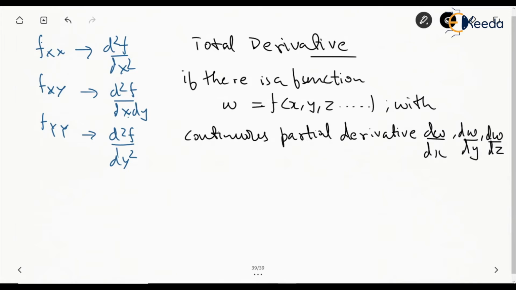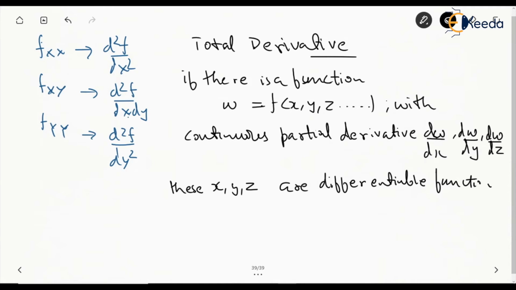So in this case, we are having continuous partial derivatives of w with respect to x, y and z, and also these variables x, y and z are differentiable functions of other variables, let's say r, s, t.